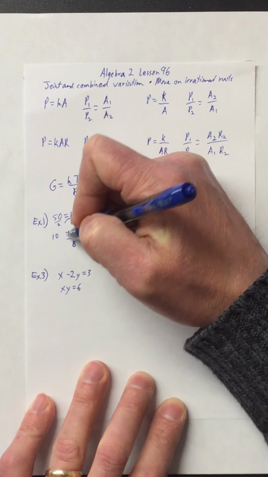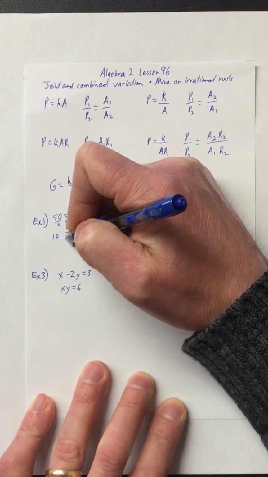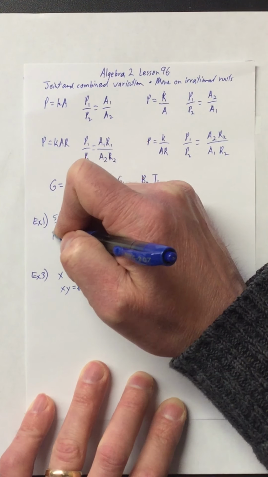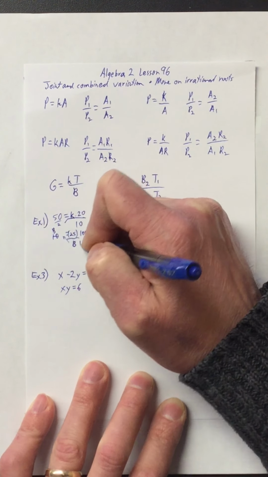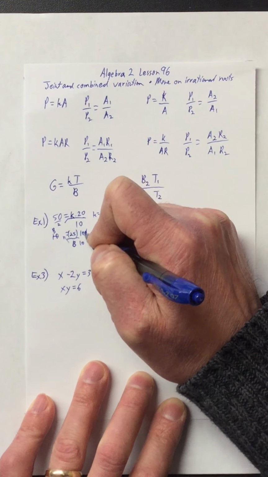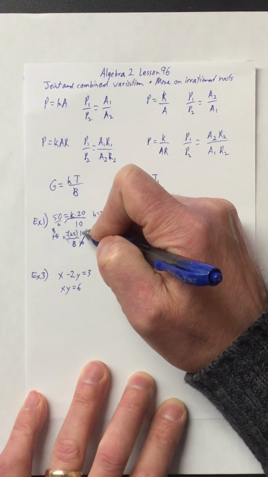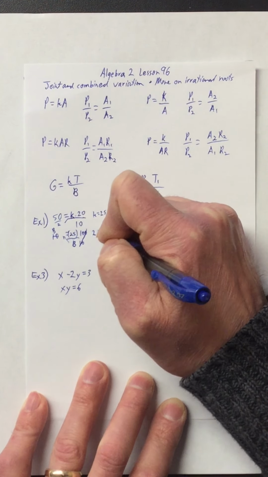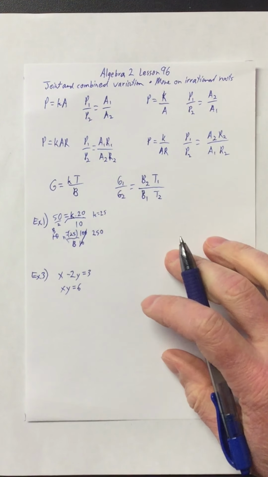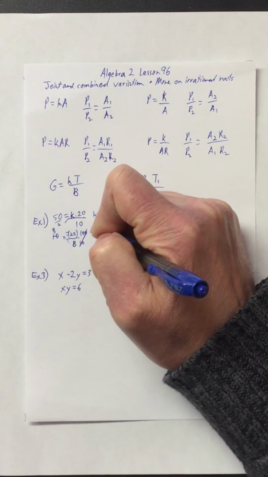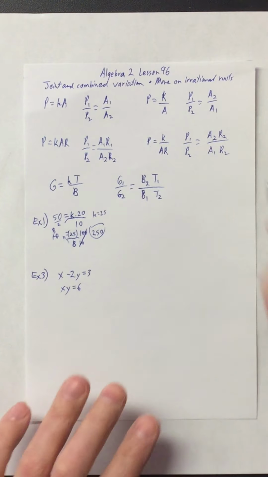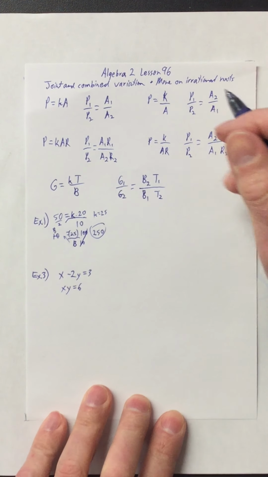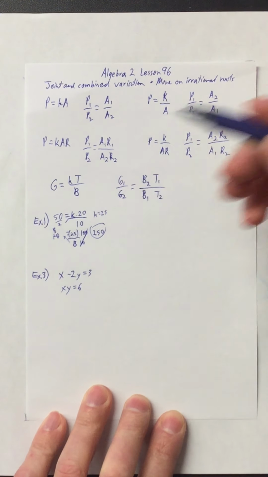So let's cross multiply here to get the b into our numerator. So b is going to come up, 10 is going to come down. We can cancel the 10 with that. So 10 times 25, we have 250 boys is our answer, since the girls went down, the boys went up, and it's also related to the teachers.